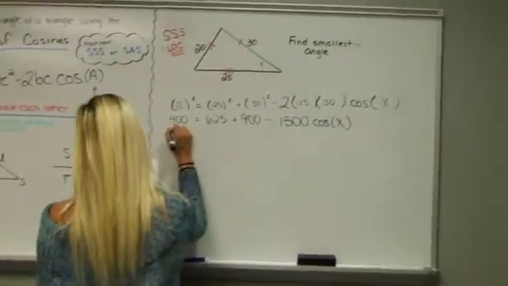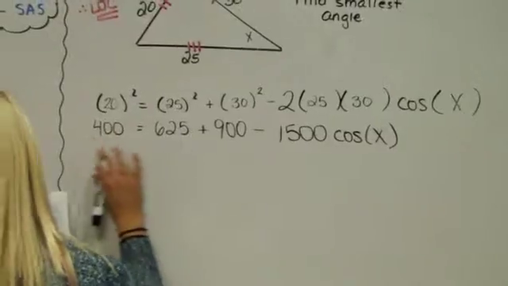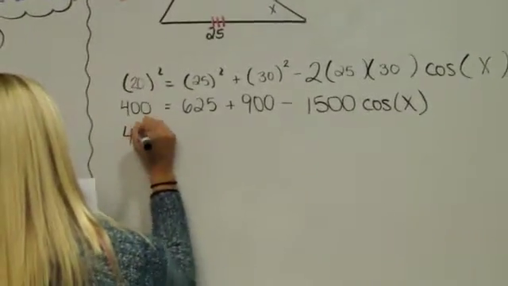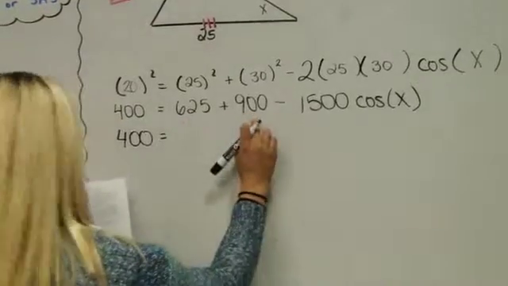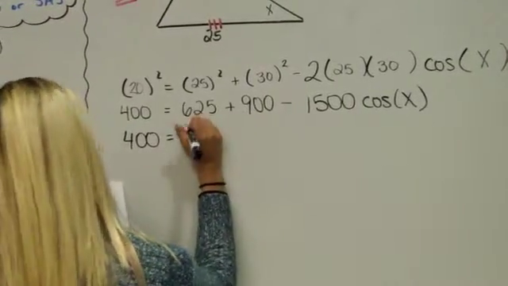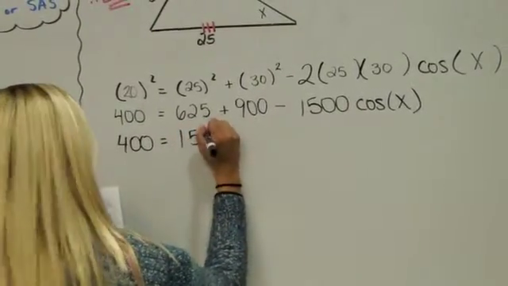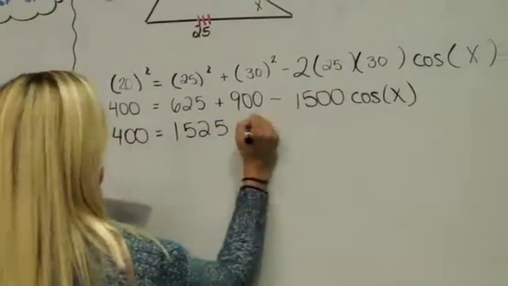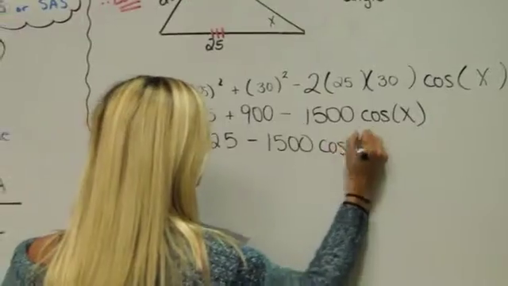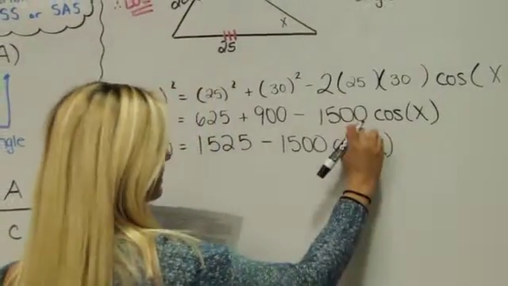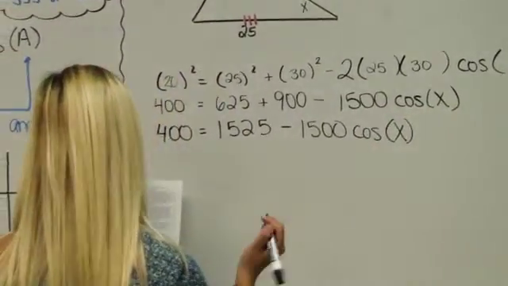So you would have 400 equals 625 plus 900, which equals 1525, minus your 1500 cos x, since that's your coefficient to your cos x.